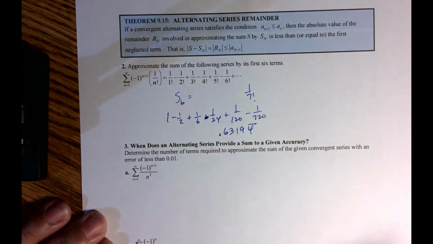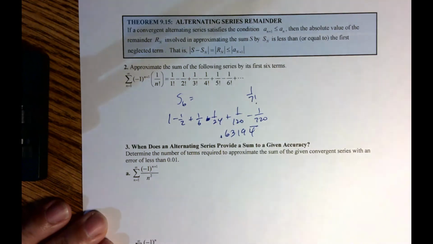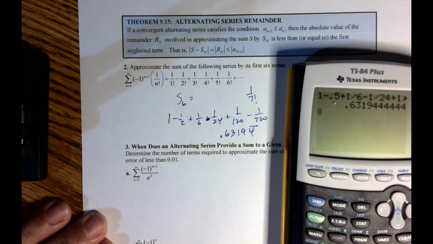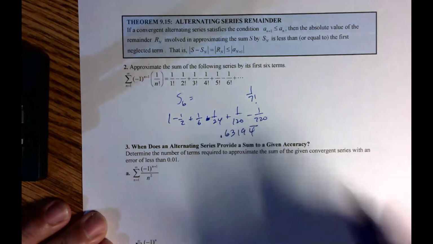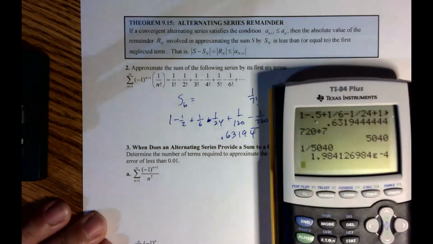All right, now let's see. So this will be off by 1 over 7 factorial. So the error would be, what's 720 times 7? That will be 1 divided by 5,040. So it's off by 0.0001984.